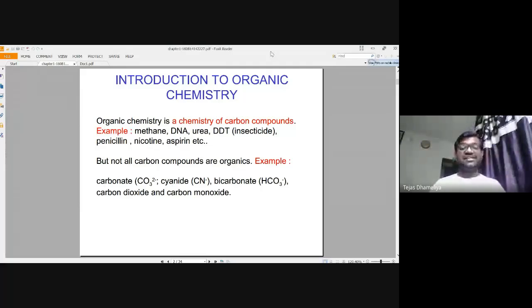Another compound is nicotine. If you go to a paan or tea shop, there is nicotine. Even tobacco, which you might have heard of, people used to chew tobacco, and it has a chemical constituent inside it, that is nicotine.